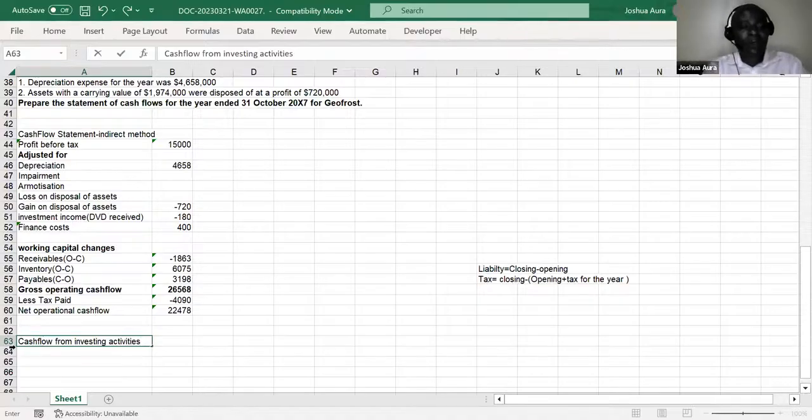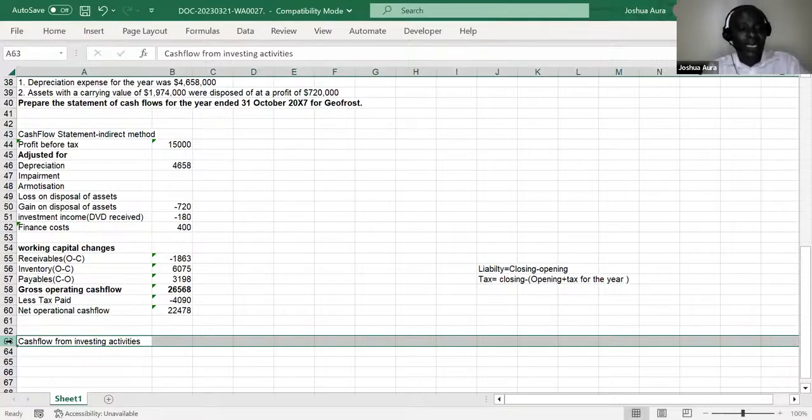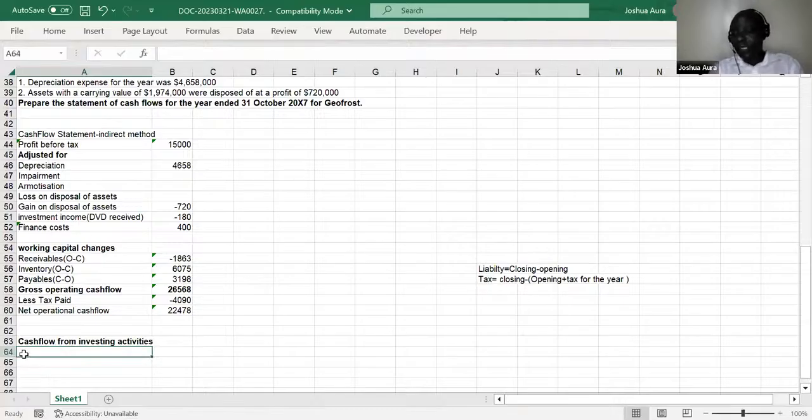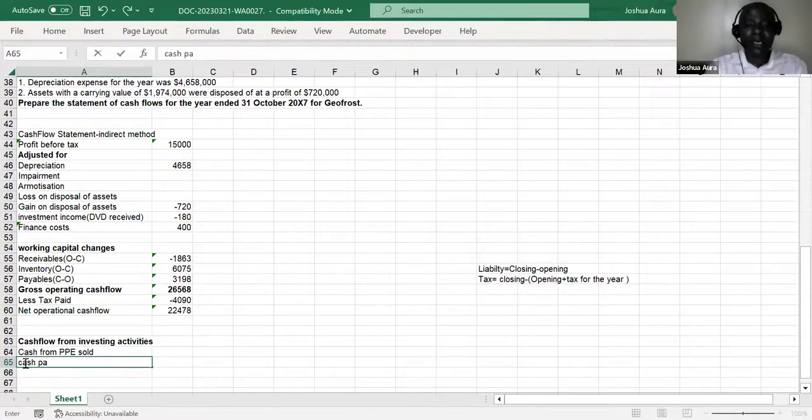Whenever they talk of cash flows from investing activities, there are three things I'll always remember. These three things are which ones here, ladies and gentlemen? We have cash from PPE sold. And then we have cash paid for PPE purchased.